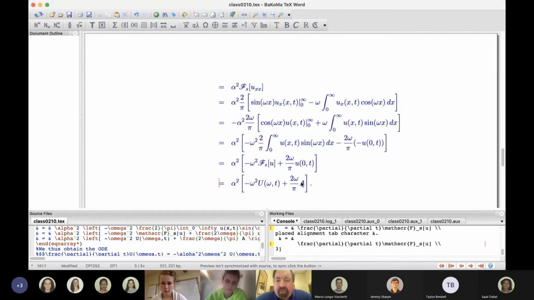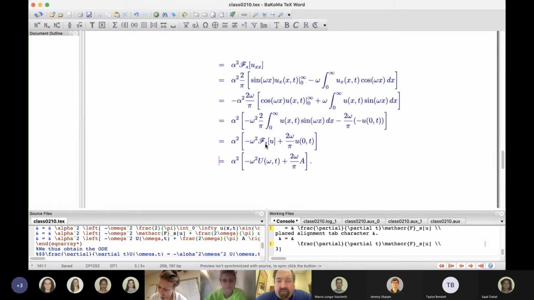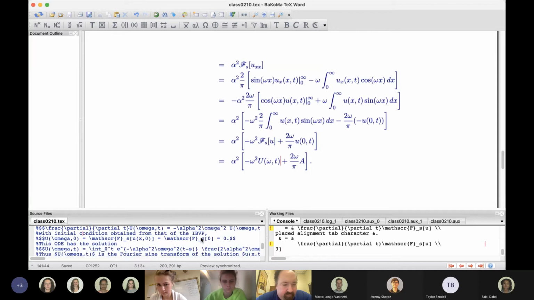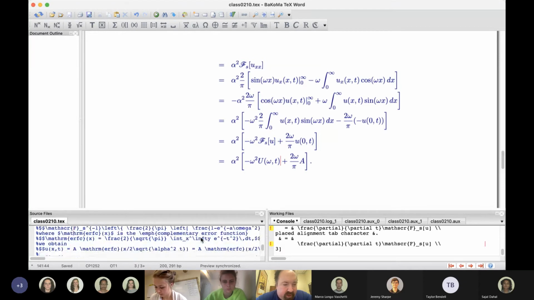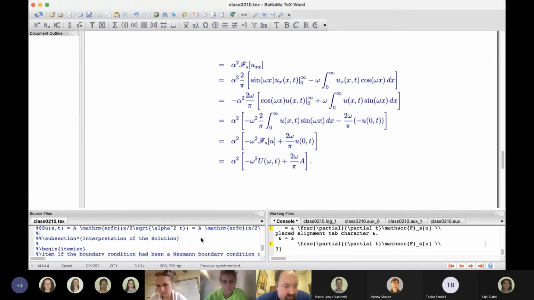But u of 0,t is equal to a by my boundary condition. So I fill that in here. And then the Fourier sine transform of little u is capital U of omega, t. So now I'm finished with the transformation of the right side of the PDE.